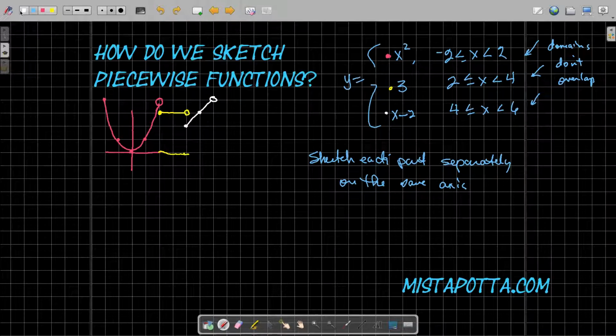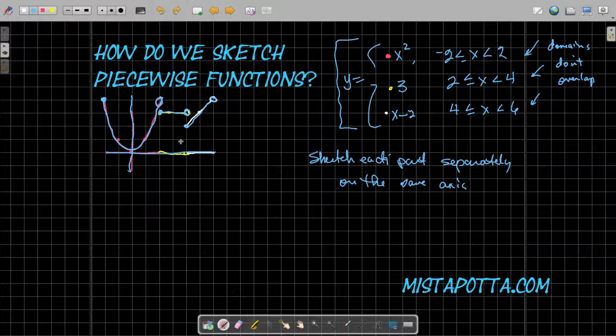So really what's happening here is that even though my domains are the pink domain, the yellow domain, the white domain, in reality I can think of this as being one graph that's going to start here, trace this parabola to its hole, then go to this yellow and trace it to its hole, and then here and trace it to this hole.